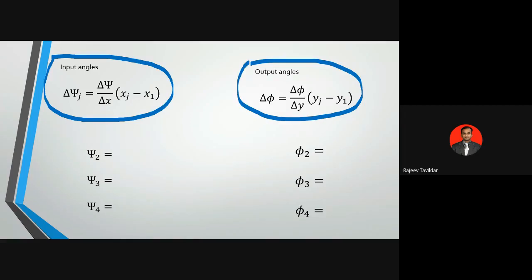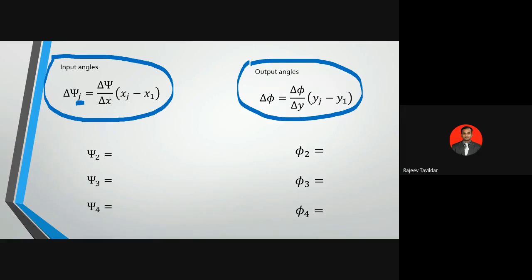That's all. Okay. Now, what are the terminologies again here? j stands for a variable parameter. If I want psi 2, I'm going to write j is equal to 2 here. Delta psi is already given in the problem, range of input link angle, it's 60 degrees. Delta x, you guys have already calculated.